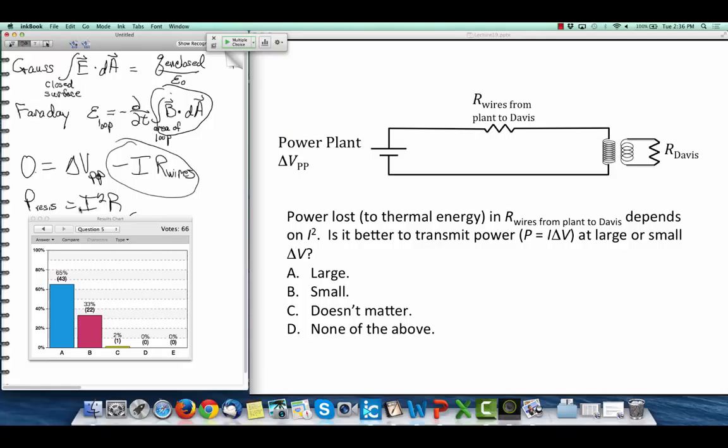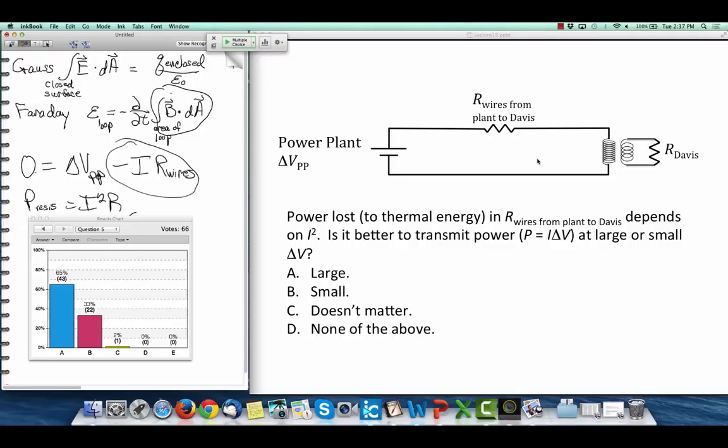The rest of this is the effects of having to use voltages of hundreds of thousands of volts. You can't have hundreds of thousands of volts coming down into these two things here. That doesn't work. You don't even want hundreds of thousands of volts in the city of Davis. So somewhere on the edge of the city of Davis is a transformer, or a whole bunch of transformers, that take hundreds of thousands of volts and turn them into 1,000 volts or something.